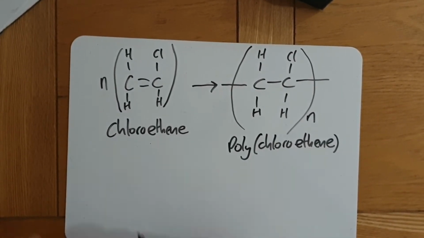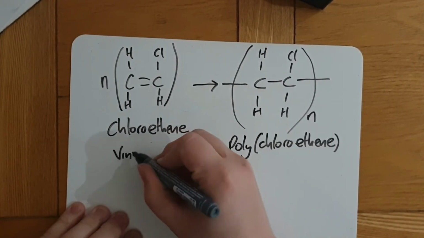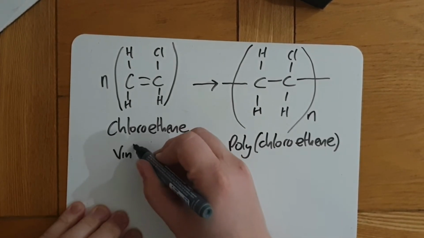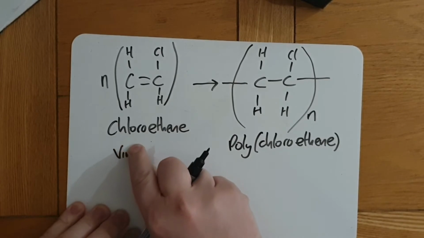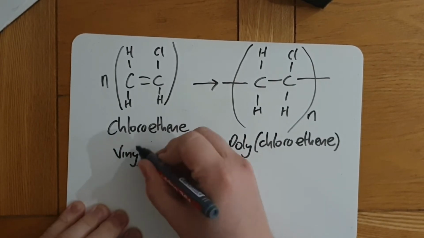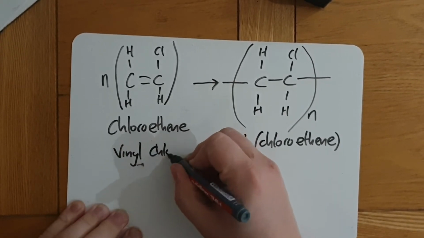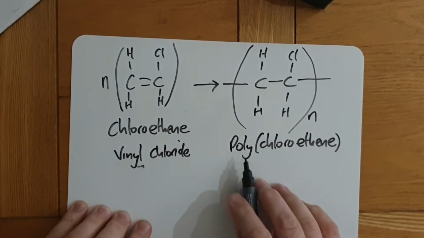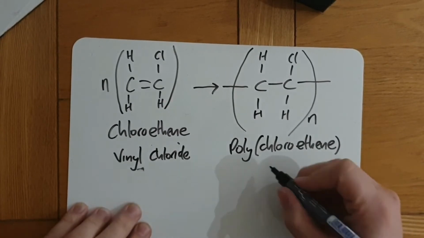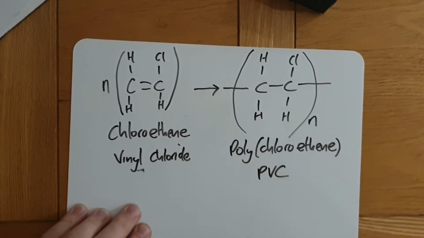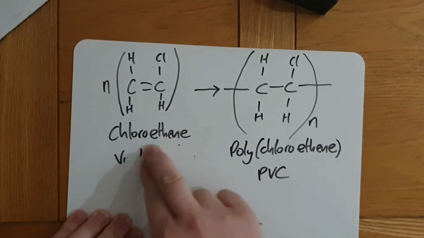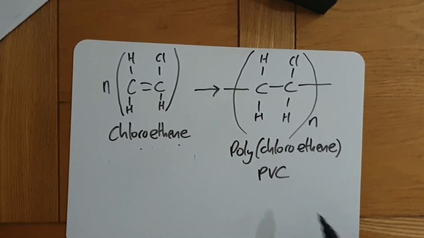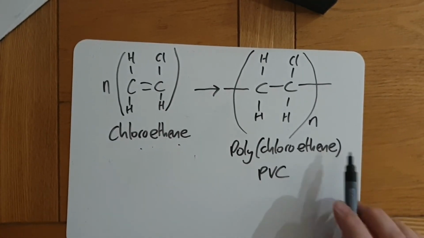This used to be called vinyl chloride, which would make this polyvinyl chloride, which gets abbreviated to PVC. So PVC, polyvinyl chloride, is the same thing as polychloroethene.